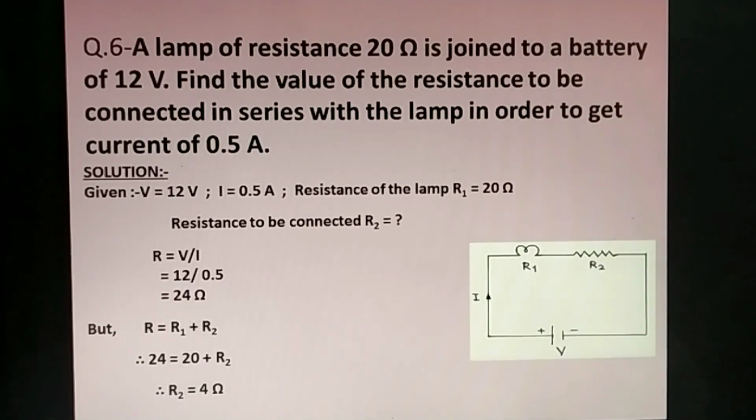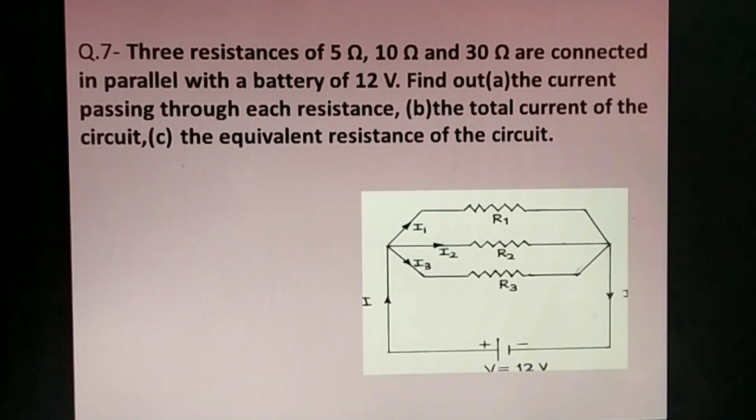Now I am moving to the next question, that is three resistances of 5 ohm, 10 ohm and 30 ohm are connected in parallel. See, this is the parallel circuit diagram. So here three resistances 5, 10 and 30 ohm are connected in parallel with a battery of 12 volt.